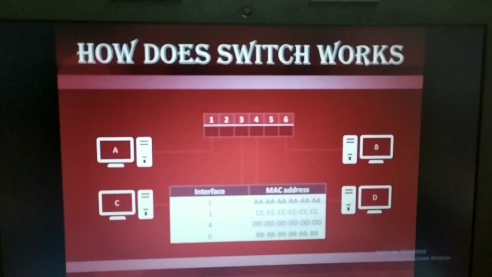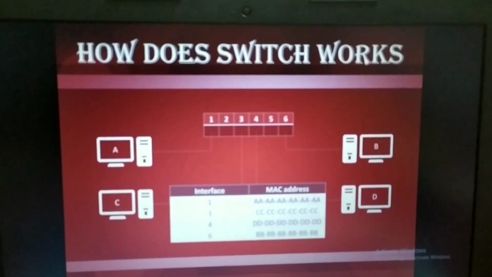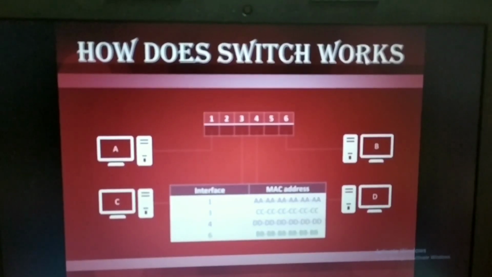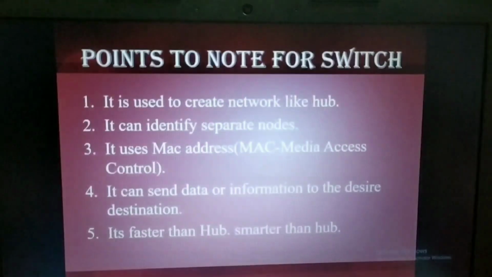That means if lots of computers are connected in a network, created by a switch, and you want to send any data or information through the switch, then it can send data or information to the specific computer. Got my point, my dear students? Okay, now proceed to the next one.